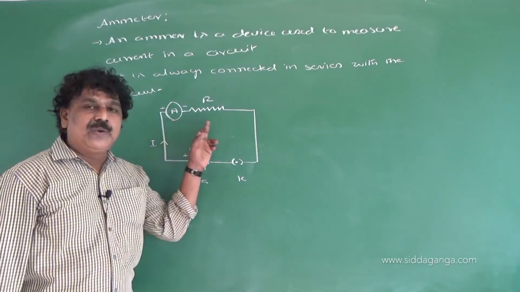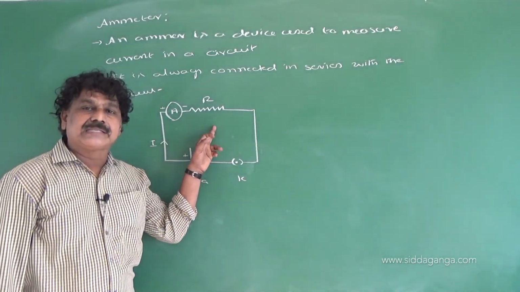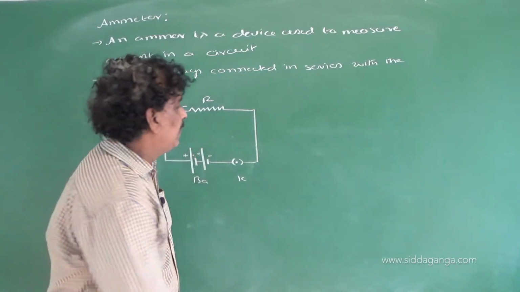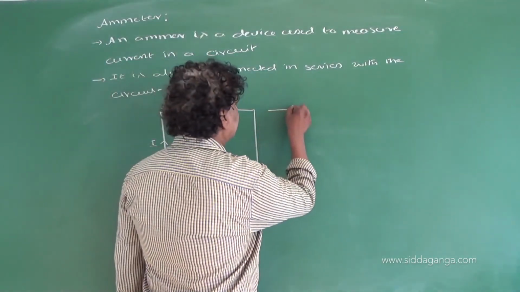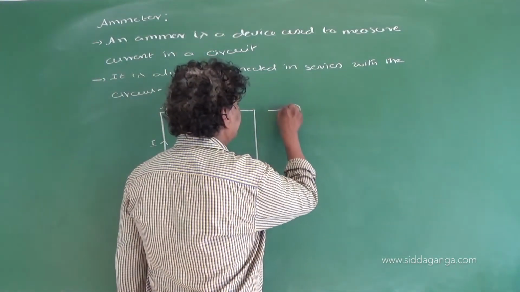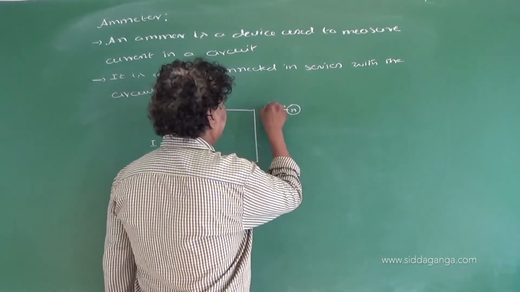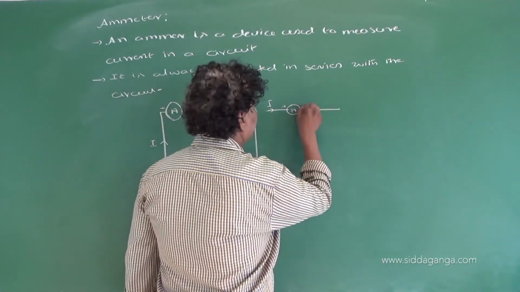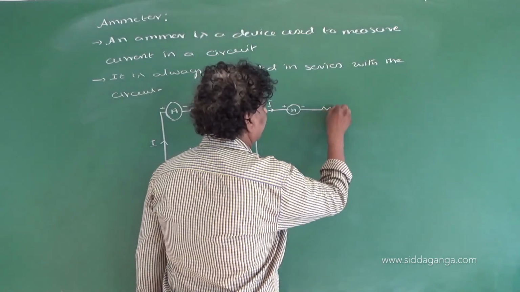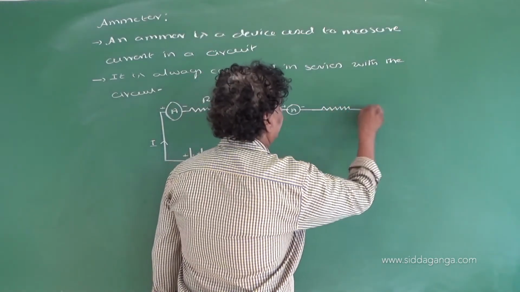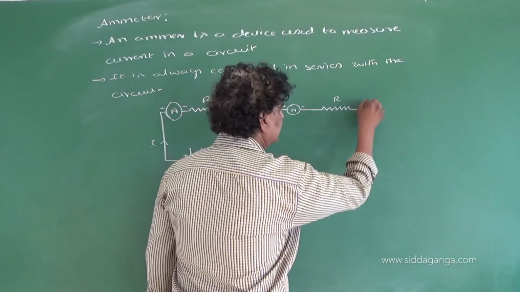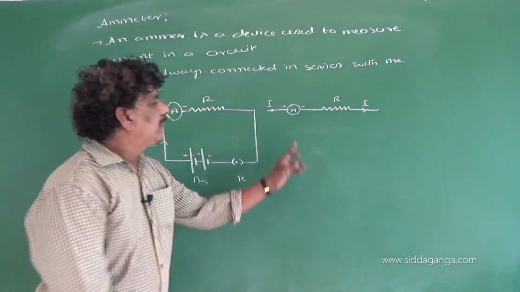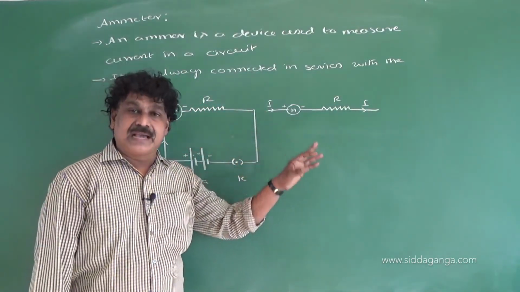This end-to-end connection is called series combination, or we can write that this is the ammeter and this is resistance. Now this ammeter measures a current.